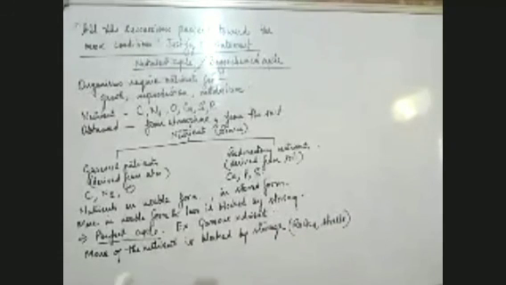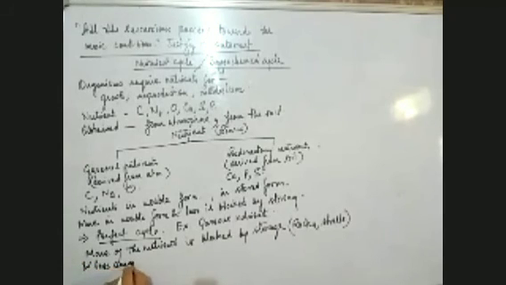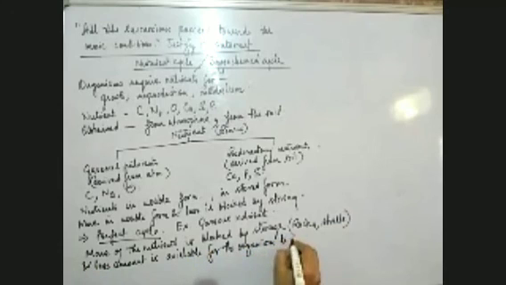If more of the nutrient is blocked by storage in the rocks or the shells, and less is available for the organisms to be used, then such a cycle is known as imperfect cycle.